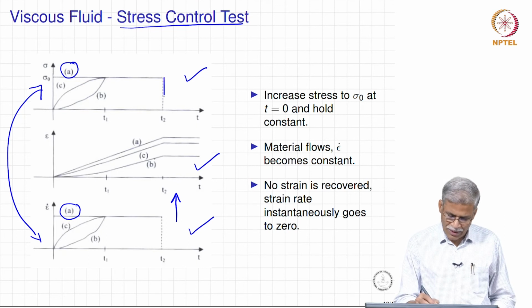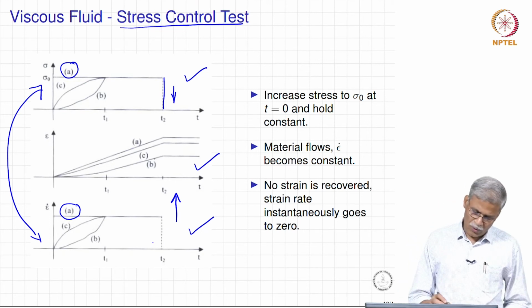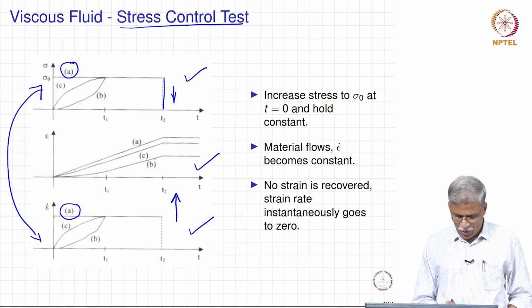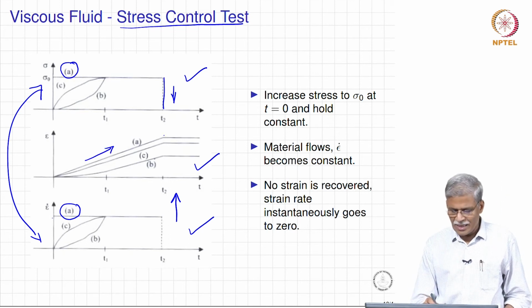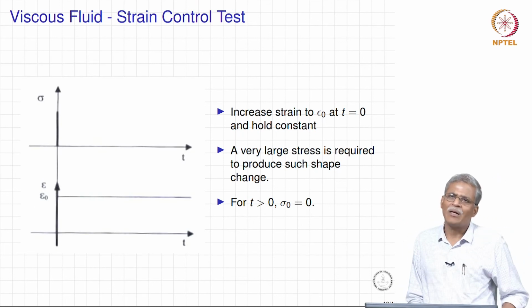If you unload it here, there is not going to be any strain recovery, and the strain rate will instantaneously go to 0. Knowing epsilon dot, you can also get the variation of epsilon as a function of t. Since epsilon dot is constant, epsilon is going to increase at a constant rate, as can be seen here. So, this is the stress control test, but what about the strain control test?